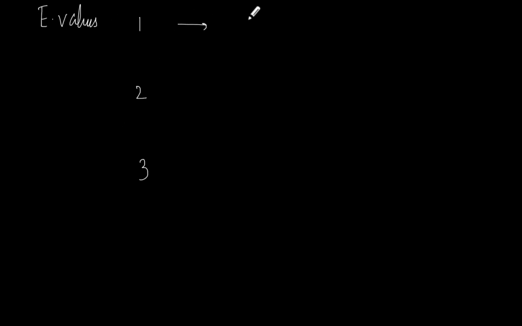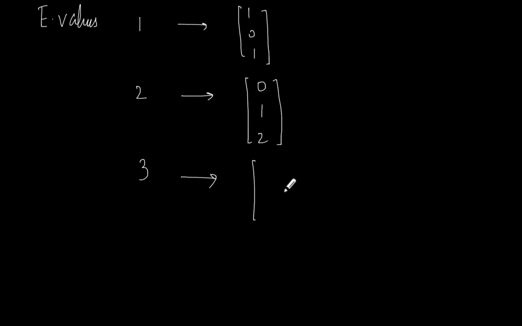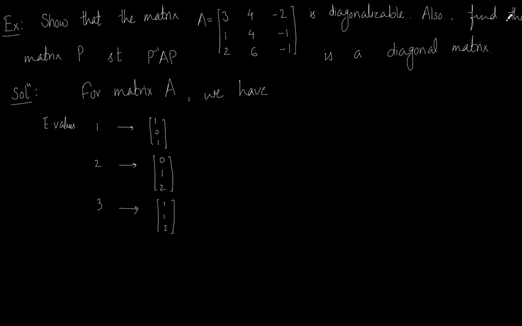The eigenvector corresponding to 1 is 1, 0, 1. Corresponding to eigenvalue 2, the eigenvector is 0, 1, 2, and corresponding to the eigenvalue 3, the eigenvector is 1, 1, 2. You can check this video to find how we get these eigenvalues and their corresponding eigenvectors.